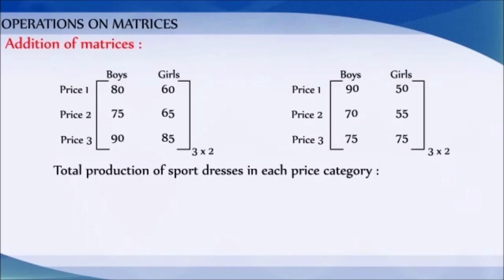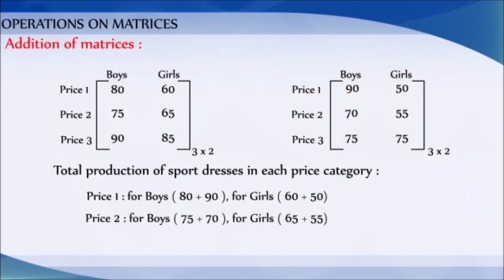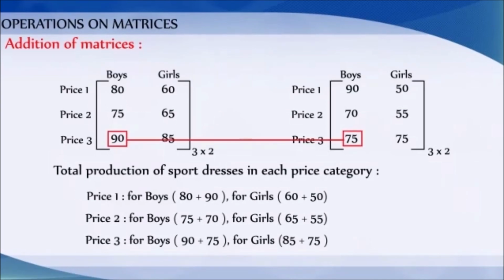Then the total production is, in category 1, for boys 80 plus 90, for girls 60 plus 50; in category 2, for boys 75 plus 70, for girls 65 plus 55; in category 3, for boys 90 plus 75, for girls 85 plus 75.